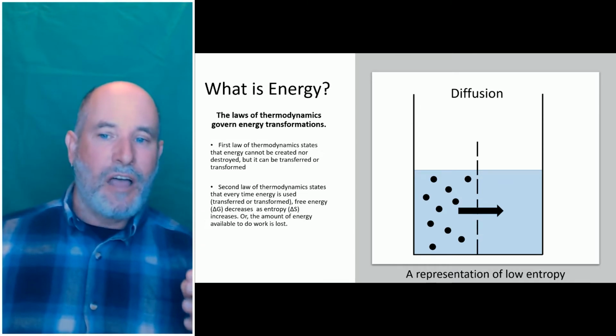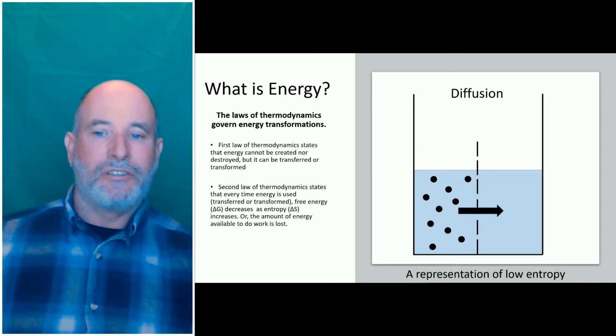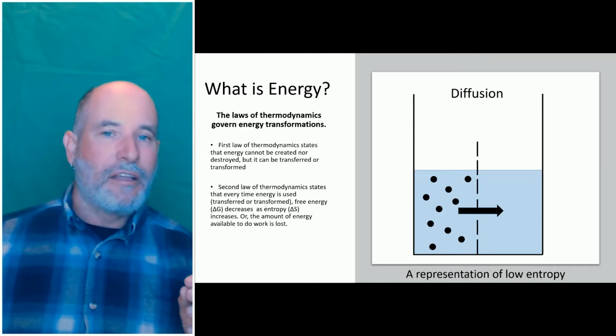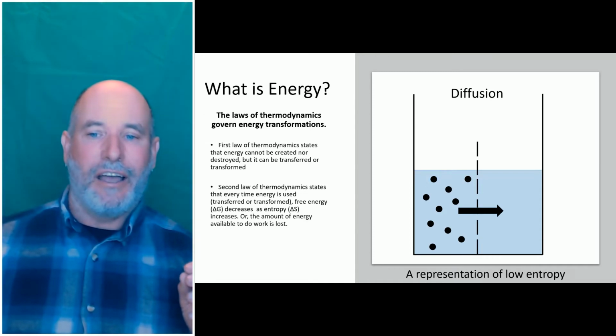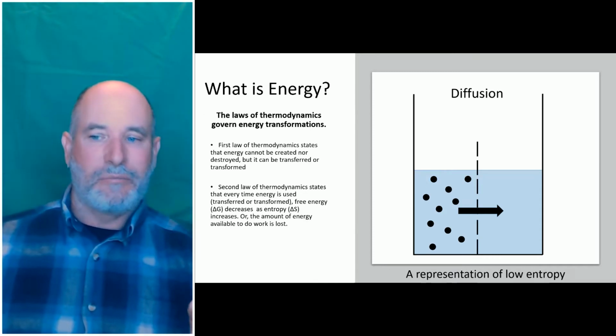Which means that I'm losing free energy. That means I'm losing delta G. And that change in entropy, that is our delta S. So entropy in a closed system is always, always increasing.